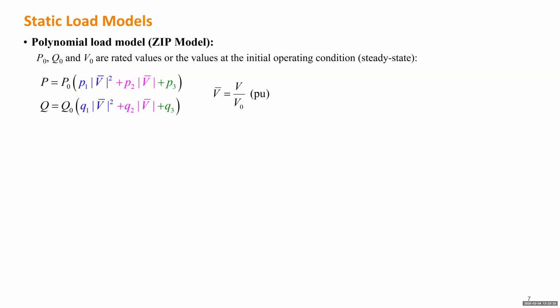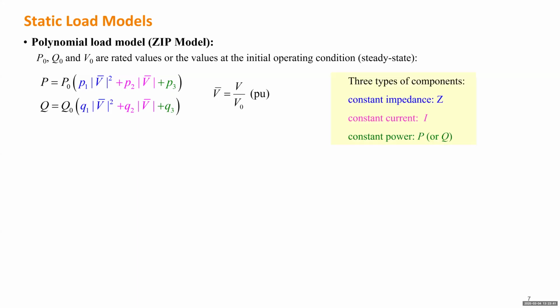Similarly, for the reactive power, we have Q1, Q2, Q3. They define the constant impedance, constant current, and constant power elements. That's why we call it the ZIP model, because we treat this type of load as formed by three types of elements, which respectively have constant impedance, current, and power in both real power and reactive power.